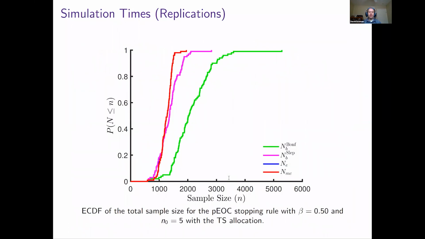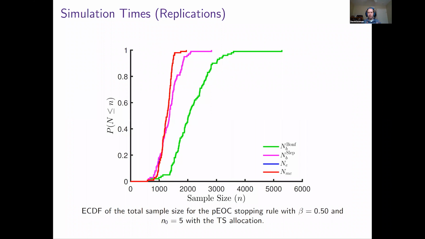What we see then is that in this slide here, I'm plotting the sample size on the x-axis. The Bonferroni and Slepian bounds are these curves out to the right, which show you that those procedures take more samples. And it's hard to see, but the red and the blue curves are actually on top of each other.